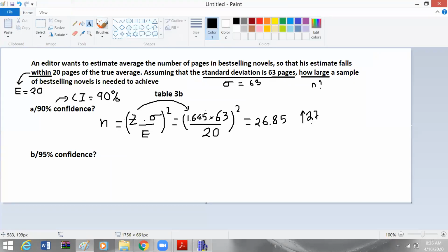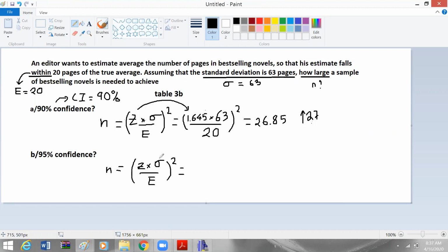Similarly, we're going to rewrite the entire formula, which is n equal to the z times the standard deviation, divided by the error, and then we do the square right there.